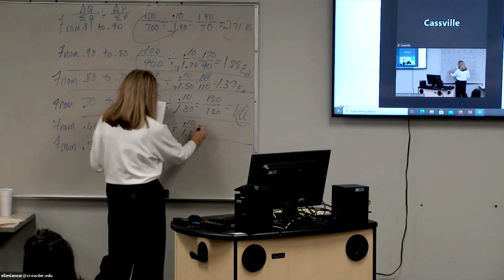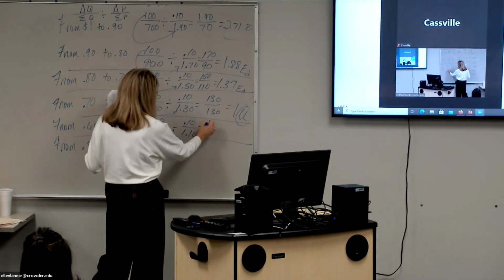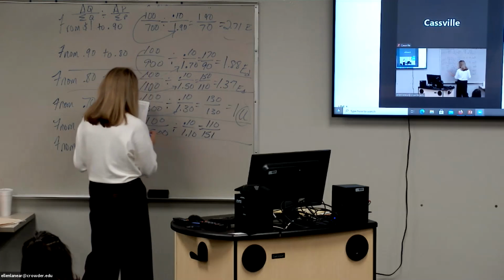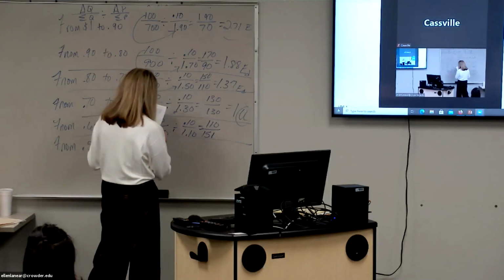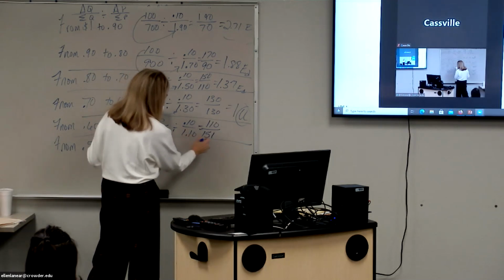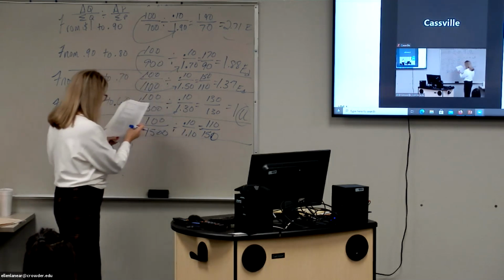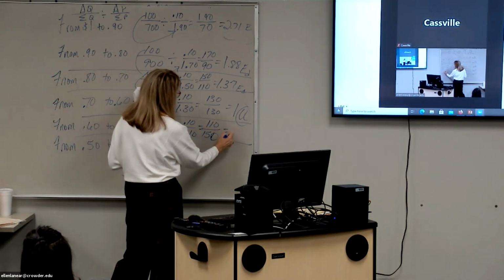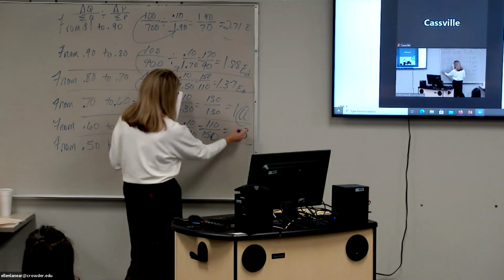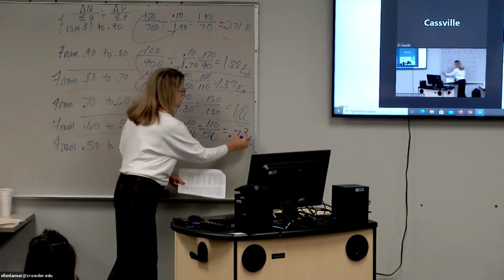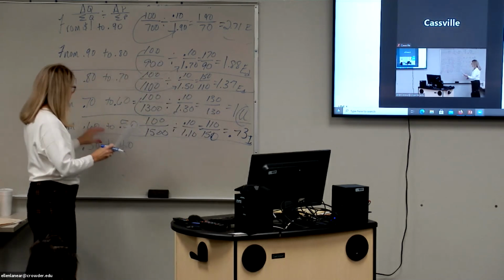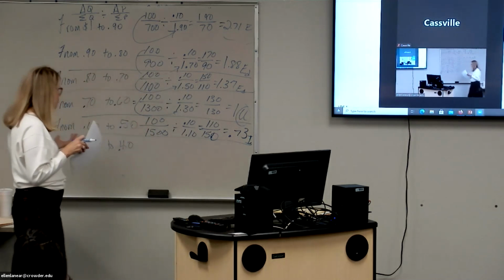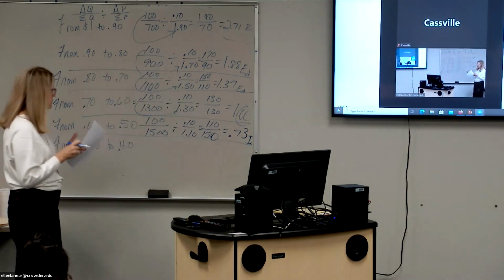We cross multiply, we'll get 110 divided by 150. We know this is going to be less than 1. It's 0.73, so that's inelastic. When we reduced the price further from 60 cents down to 50 cents, it became inelastic, 0.73.